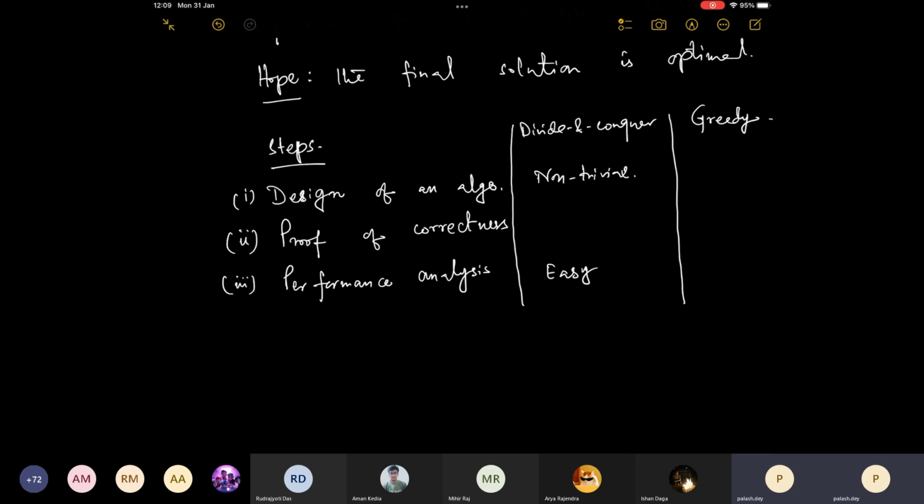We do not even ask what is the proof of correctness. The correctness is clear. There is nothing to prove. On the other hand, for greedy algorithm, designing an algorithm is easy, we'll see all these things.